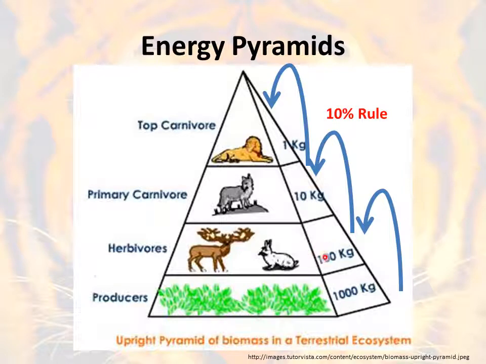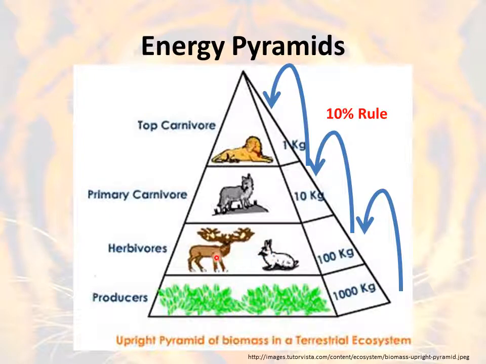And then as you look at this level, only 10% of 100 makes it up to the next level. So only 10 kilograms get up to this primary carnivore. Where'd the other 90 kilograms go? Same thing. These herbivores used that 90% of that energy just to live. The heat that they're giving off and the way that heat dissipates, all of that uses energy.